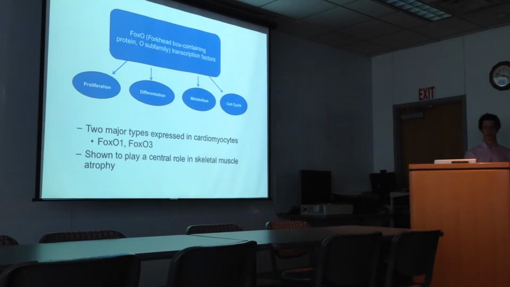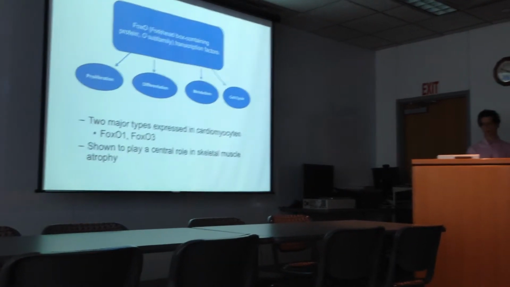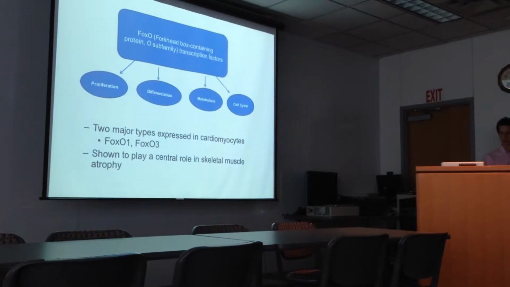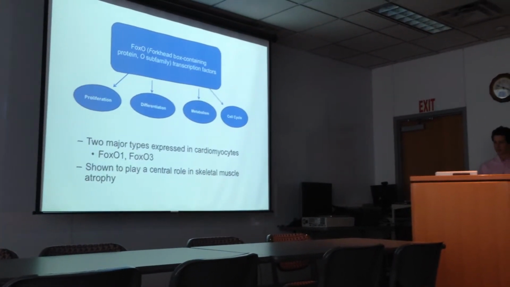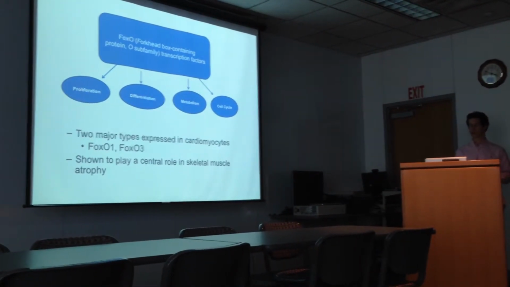There are two major subtypes known as FoxO1 and FoxO3 that have been shown to be expressed in cardiomyocytes, and that have been shown to play a crucial role in skeletal muscle atrophy.